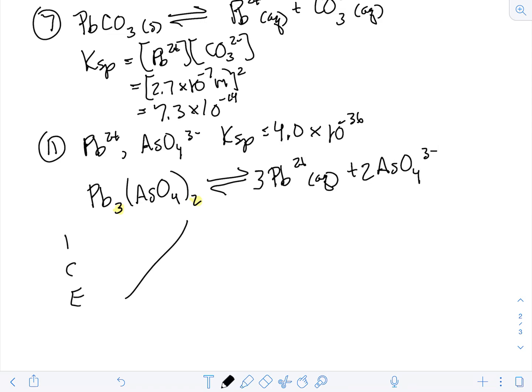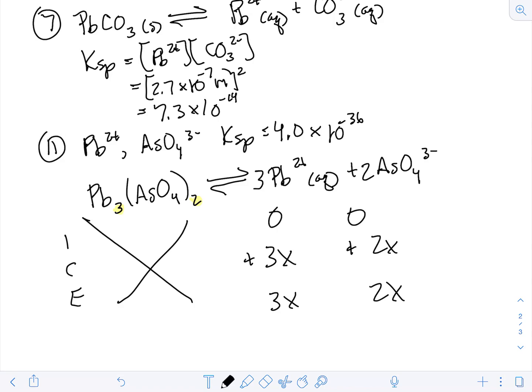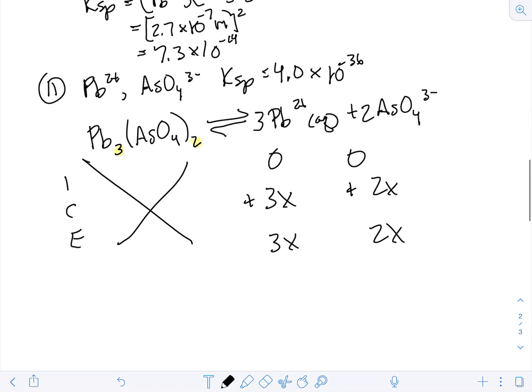So I'm going to do an ICE table. Obviously I have a big x there. I have 0 initially. I have plus 3x and plus 2x. And my equilibrium is going to be 3x and 2x.